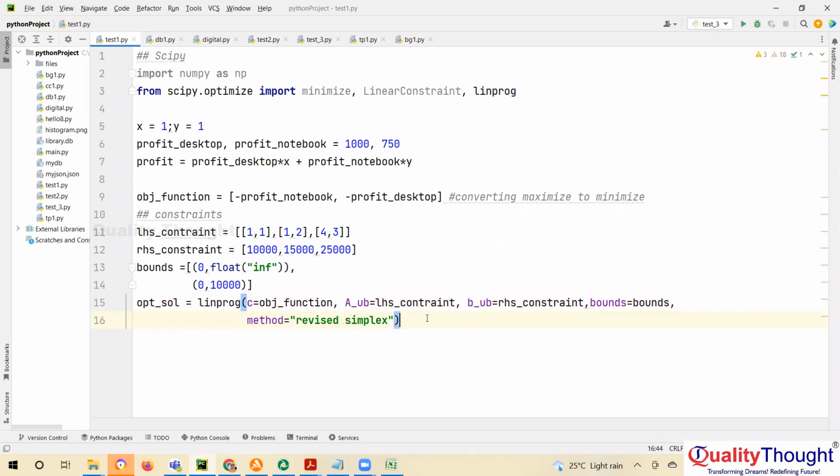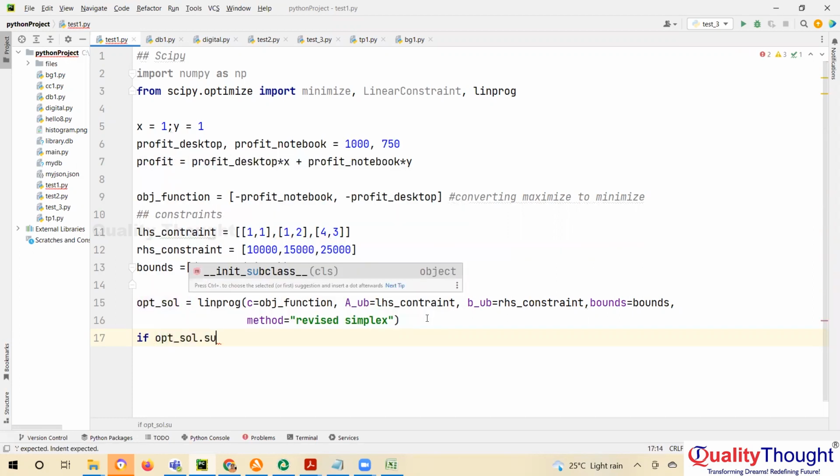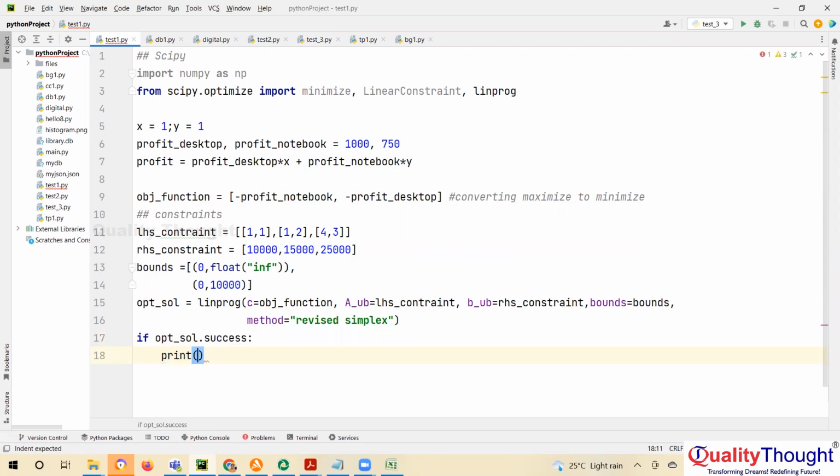This will give us true if you got an answer, and false if you do not get an answer. So if optSol dot success, that means you got an answer. Otherwise, you have not got an answer. Print solution is opt solution. So let's run this and see.